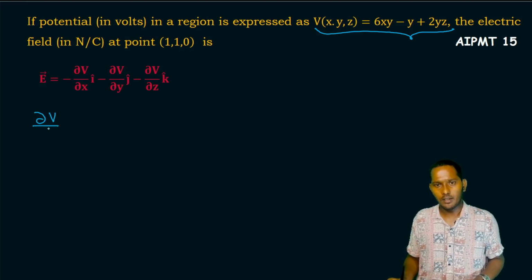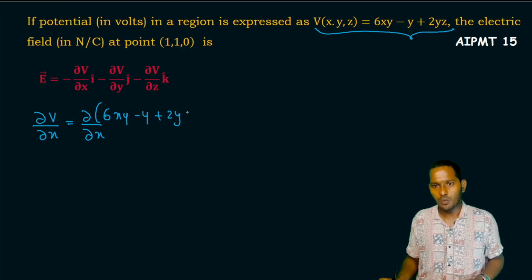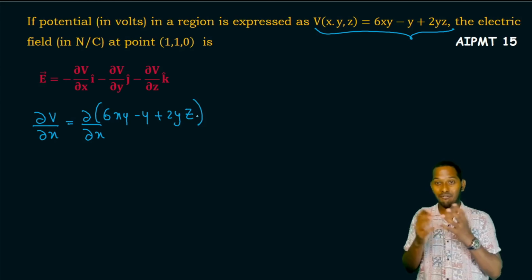So let me just do that. Dou of V by dou of x. When I do that, it will be dou by dou x. What is the potential that I'm having here? Let me just put it in a bracket. It will be 6xy minus y plus 2yz. Okay, so let me just use the symbol z something like this, so that you're not getting confused here.